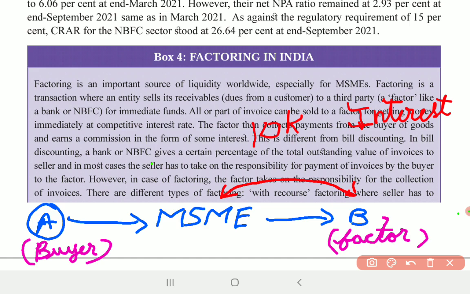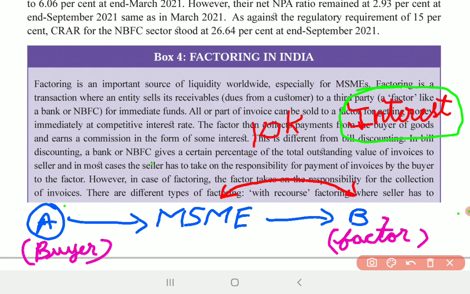So now, what is factoring? Factoring also appears similar, but the difference is in the interest rate. See, here A is the buyer, and the MSME will sell the receivables to B. It may be a bank, an NBFC, or a company. The person who is buying such receivables is called a factor.